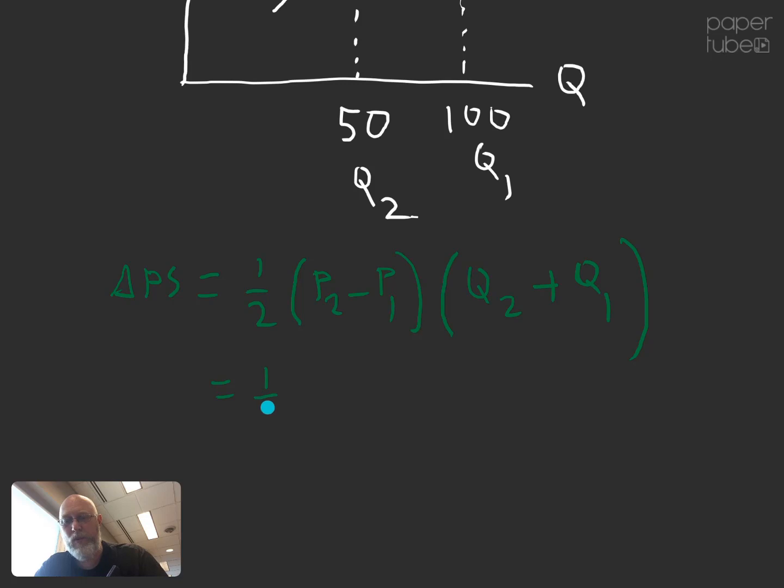So this is 1/2 of our ending price of 10, P2, minus our starting price of 15, times the two quantities, 50 plus 100. So that's going to be 1/2 of -5 multiplied by 150.